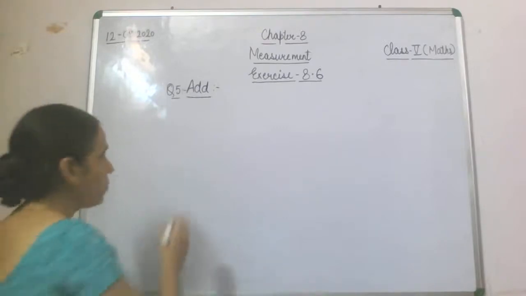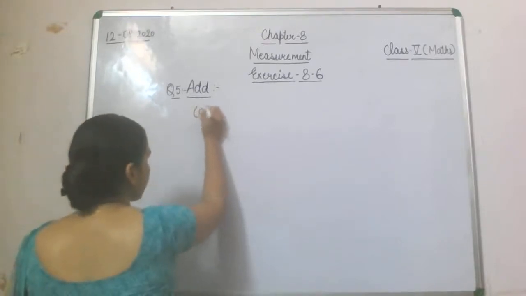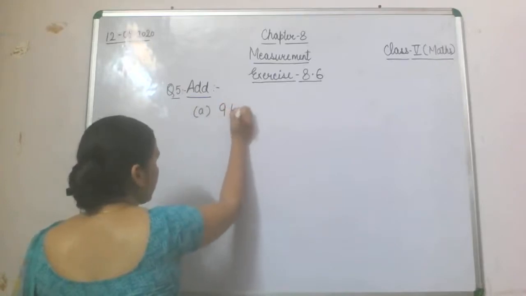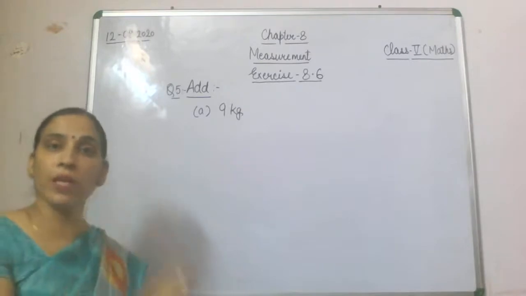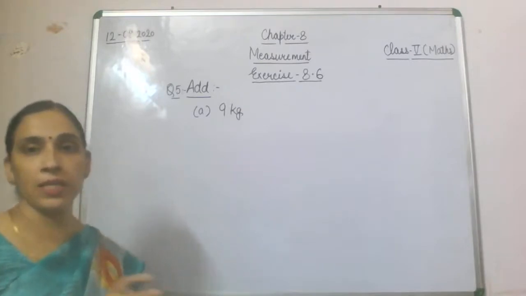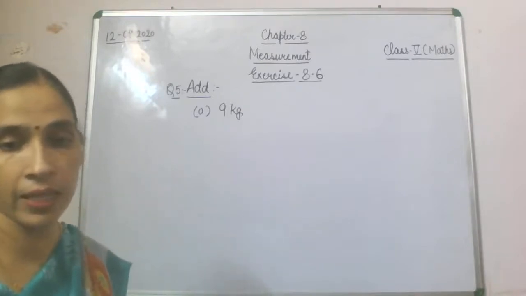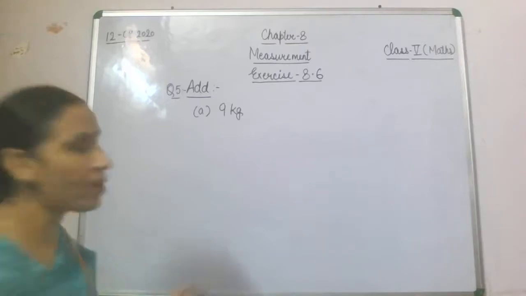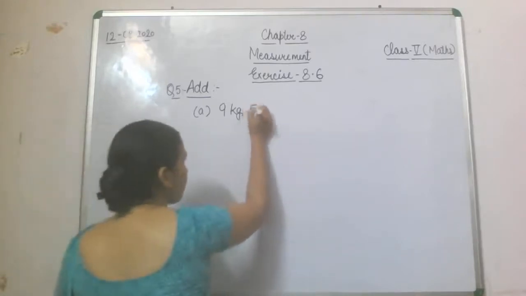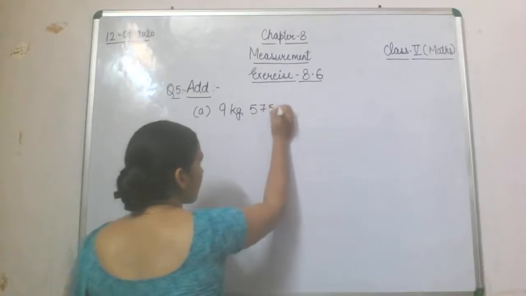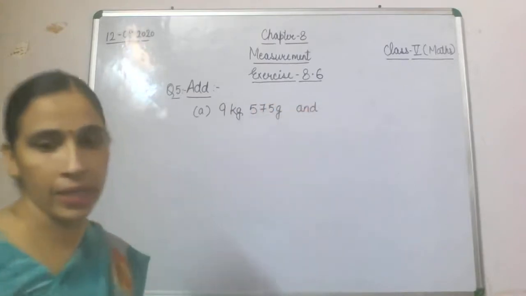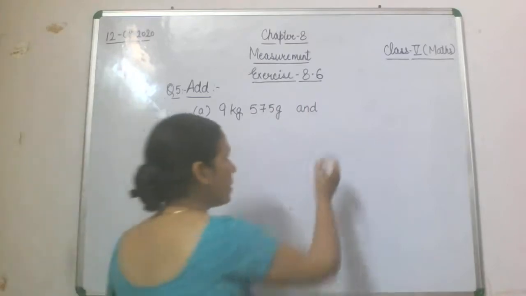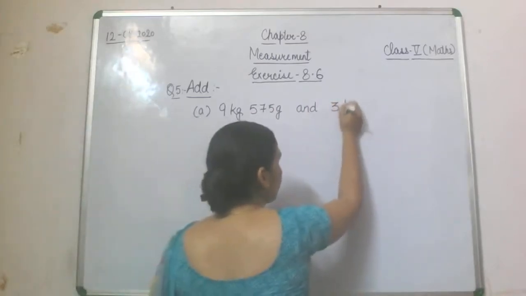We'll write the A part and then I'll explain how you convert it into decimal, although you have done this conversion in the earlier exercise. Now 9 kg 575 gram and the other one is 3 kg 869 gram.